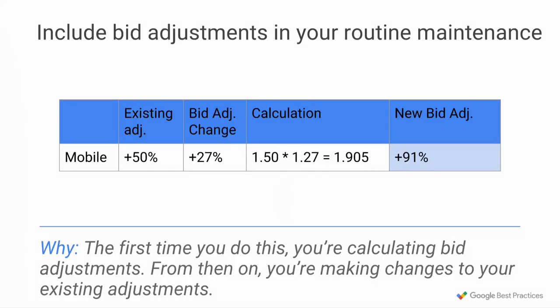So if you follow our recommendation using the CPA, and by the way, you can also use device conversion rates in your equations, you will get to a percent. Keep in mind that as you go, you will need to take into account the existing device bid adjustments when you make your changes.